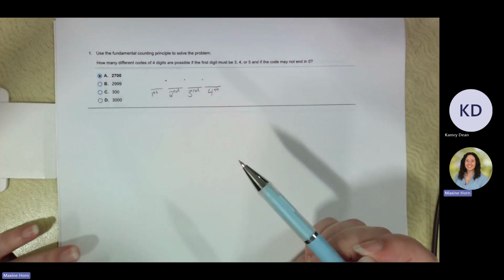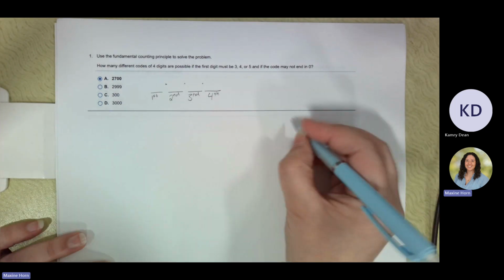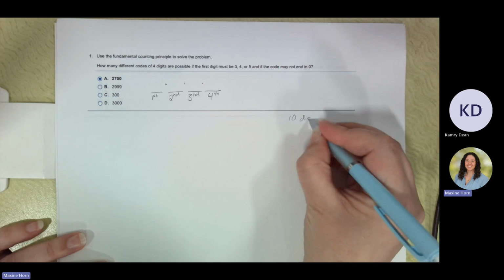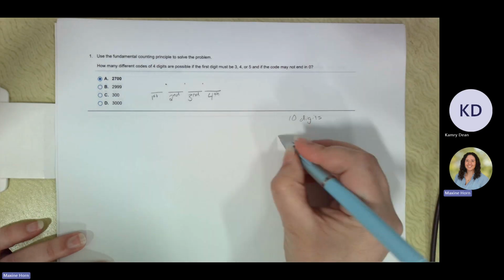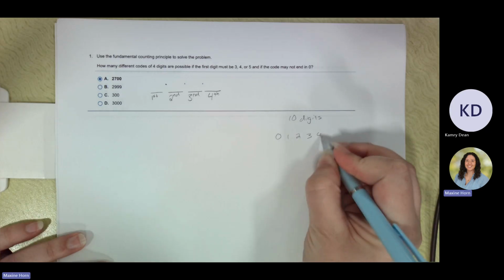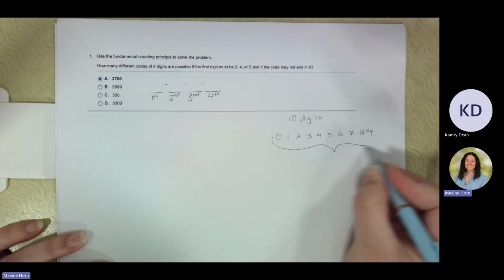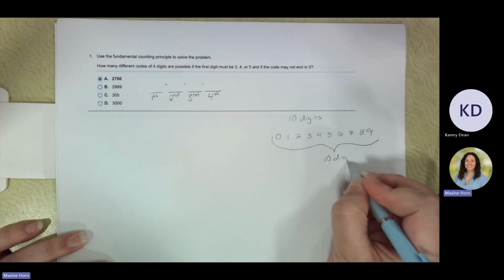Now, when you're looking at how many digits you can put in, remember that you have 10 digits to choose from, because 0 is a digit. So you have 0, 1, 2, 3, 4, 5, 6, 7, 8, 9, which all together is 10 digits to choose from.